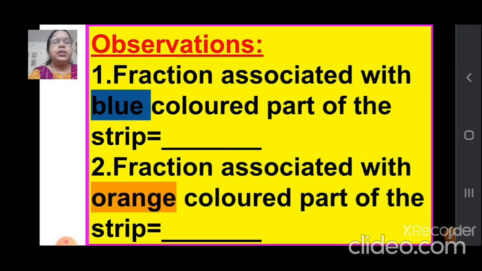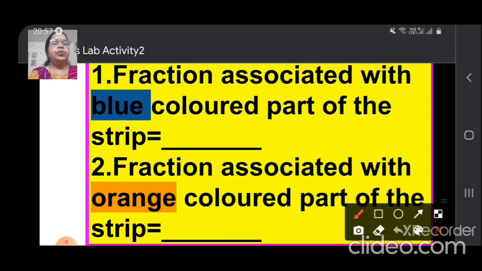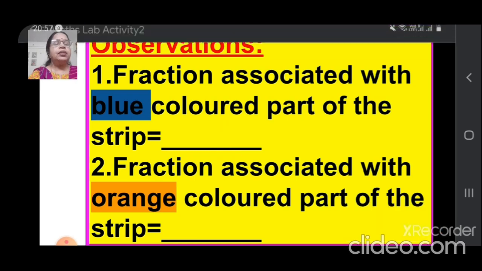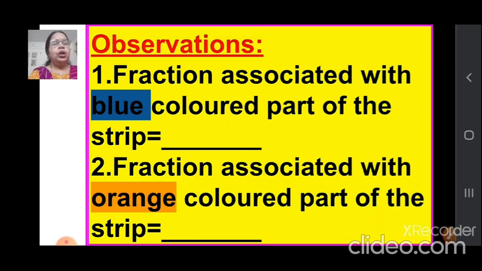Now what are the observations? First one, the fraction associated with blue colored part of the strip is 1/2, isn't it? 1/2. You have to write like this. Then fraction associated with orange colored part of the strip is 2/4.